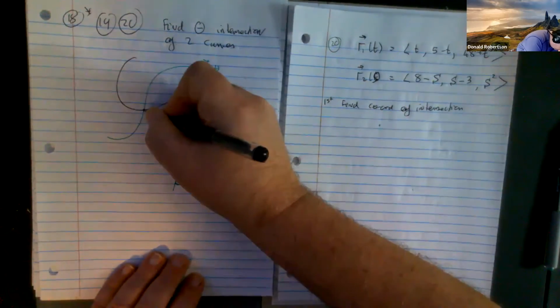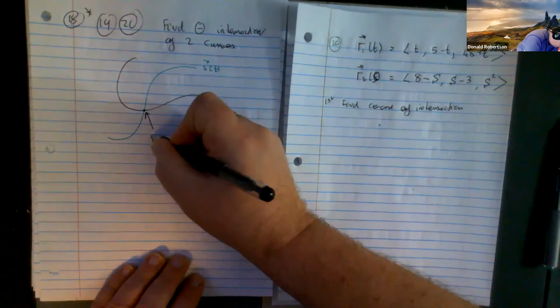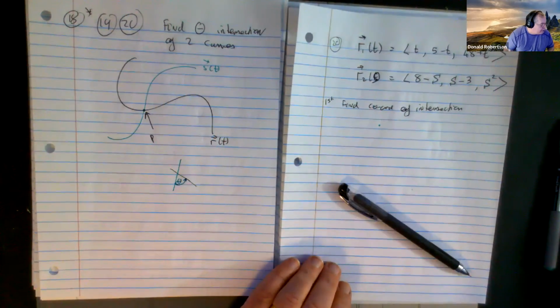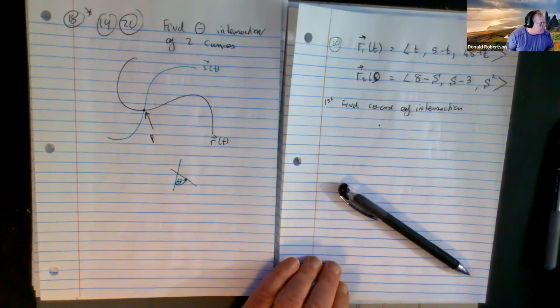In particular, don't we just need to know what t and s values make the two curves coincide? Now, that does take a fair amount of time to do. So I'm going to cheat a little bit and just get this to tell me what the numbers are. But we'll talk about how you would do it without going into the minutiae of it.